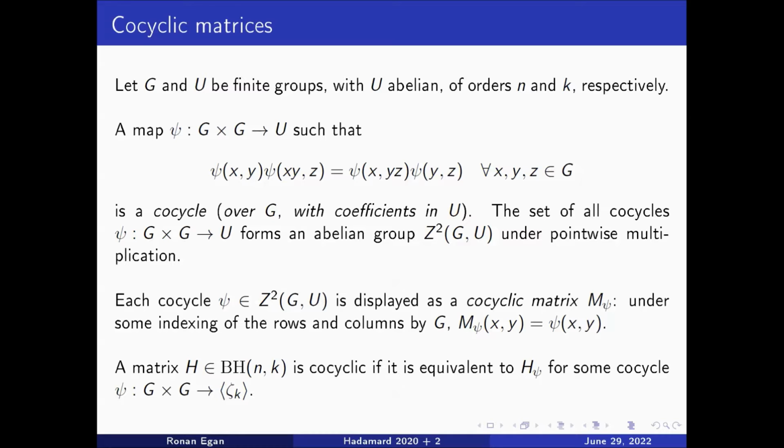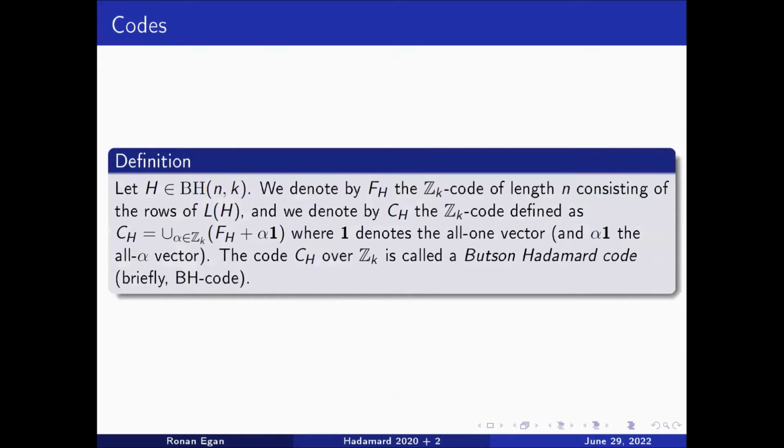Now, finally, I think I can move on to at least one of the other words in my title. So as promised, I will talk a little bit about codes. And to start off, I'm going to tell you what I mean by a Butson code, and then we'll move on to the rest of the description. So we start off with a matrix H that is a Butson matrix.